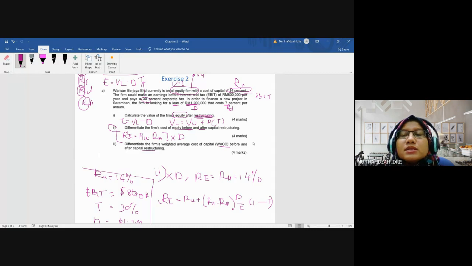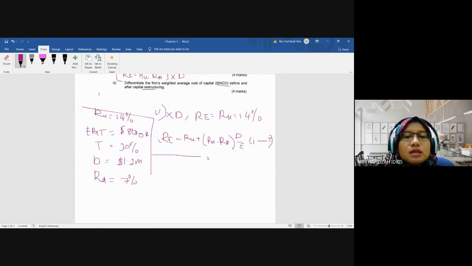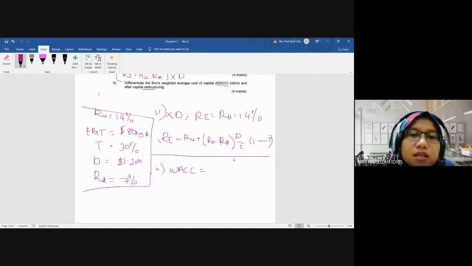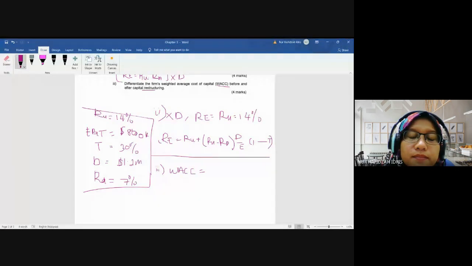So WACC, kalau WACC without debt, nombor 3 ni, WACC kalau tak ada debt. What you mean by WACC? WACC ni apa? Apa yang you faham dengan WACC? Ada dia letak dah kat situ kan? Ada dah jawapan dia kat situ.